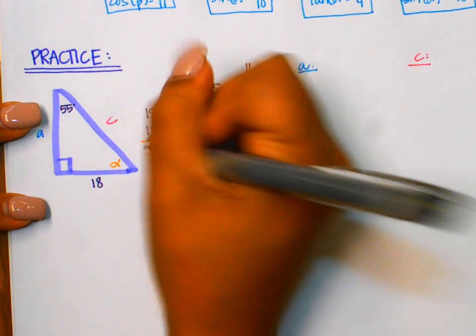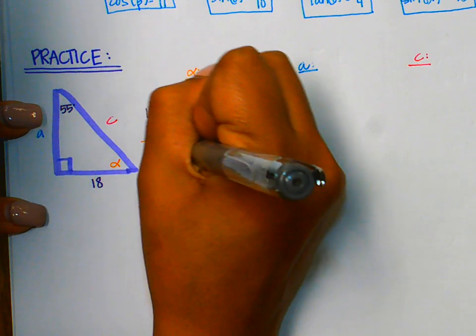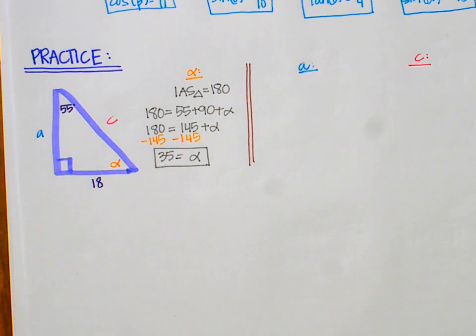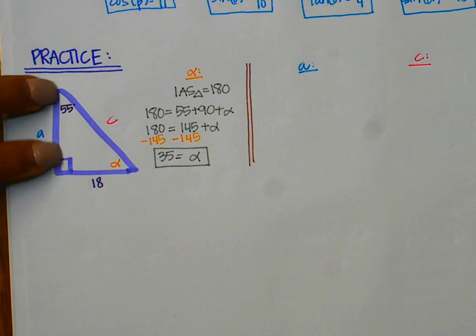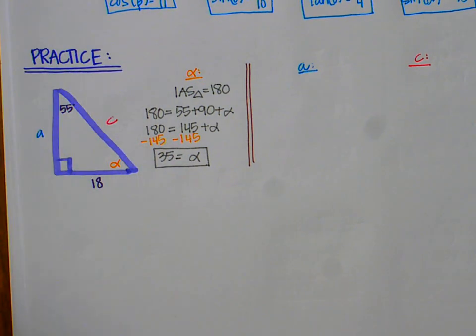That would be 35. All right, so when you're given two angles like here, you could just use this to solve for the third one, and that's pretty straightforward.